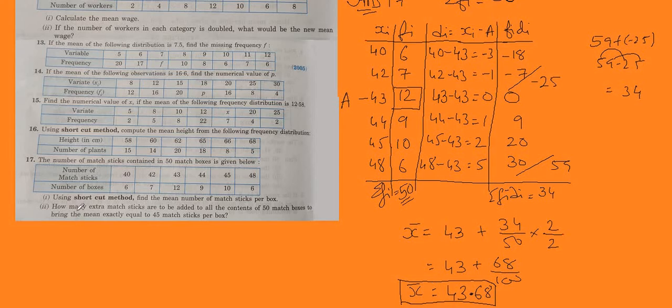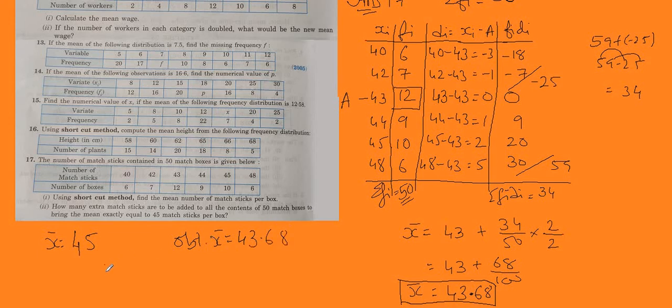How many extra matchsticks are needed to add to all the contents of the 50 match boxes to bring the mean exactly equal to 45? So that means we require to make 45. The x bar that we require is 45. The obtained mean is 43.68.